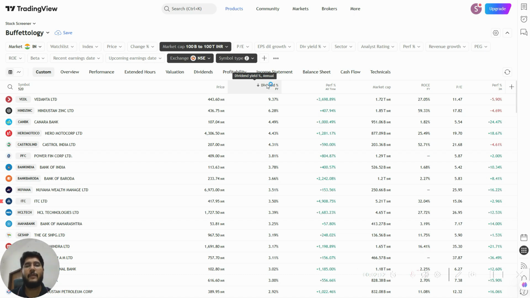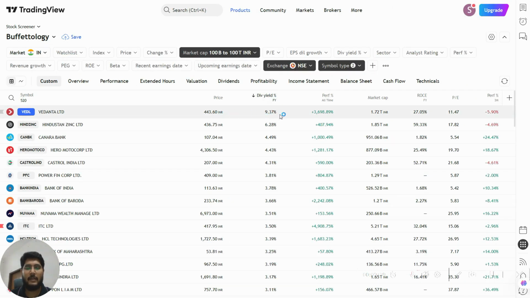As investors, if you invest, the company, if it performs well, will give you a dividend from the profit that it makes. Now, for instance, Vedanta Limited over here has a dividend yield in the financial year of 9.37. Right. So the 9.37% is what percent?